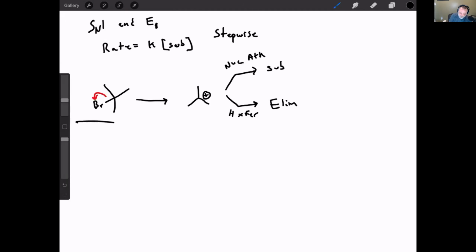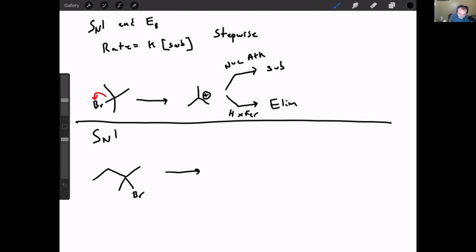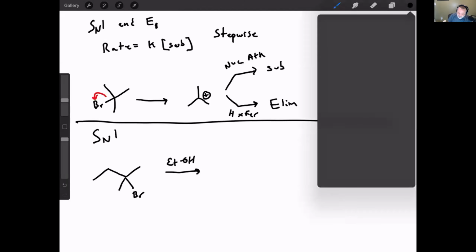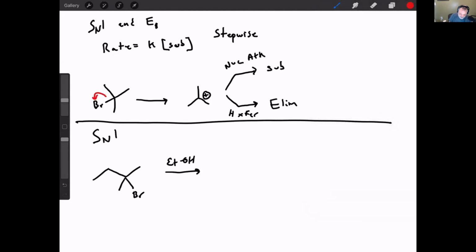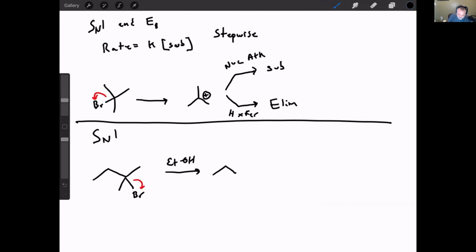But at this point, what I want to do is draw a line in the sand and specifically talk about an SN1 reaction. So if I do this reaction in, let's say, ethanol, then bromine will leave and it'll form an intermediate carbocation.